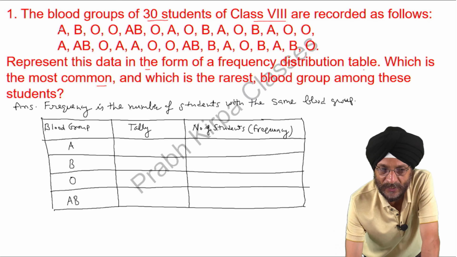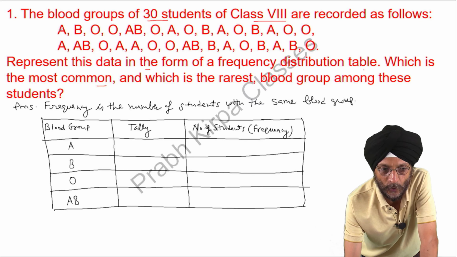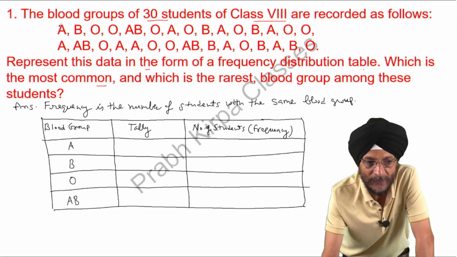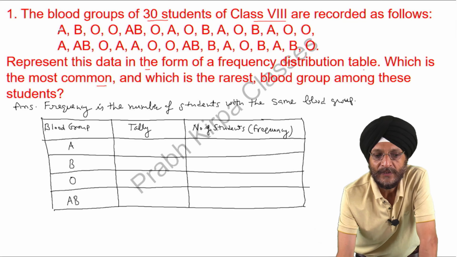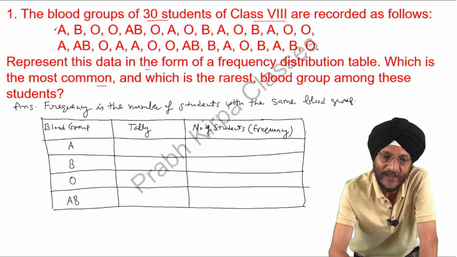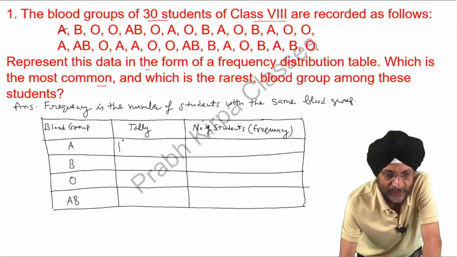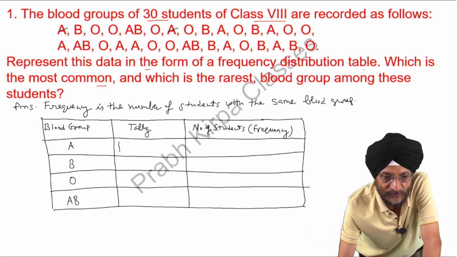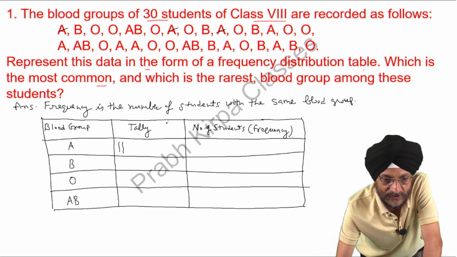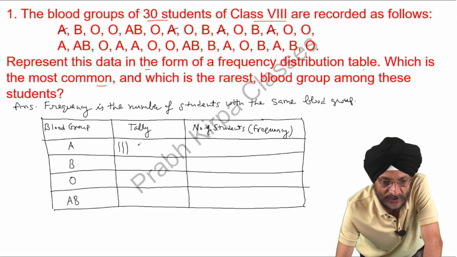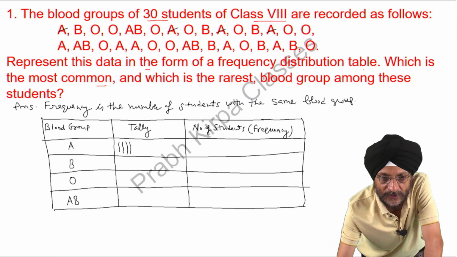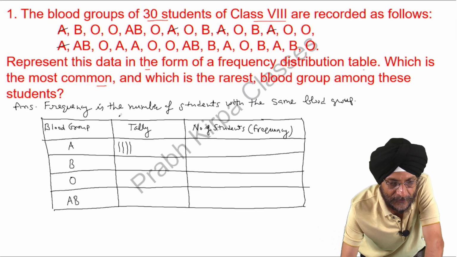Now we will count the number of students having A blood group. While counting, we cut the blood group which we have counted. This is 1, this is 2, this is 3, this is 4, and this is 5.